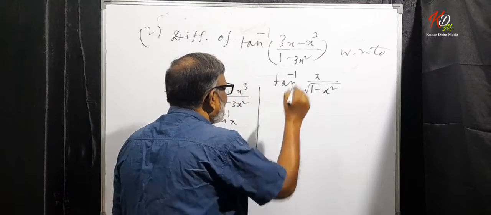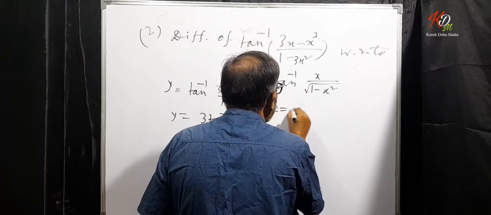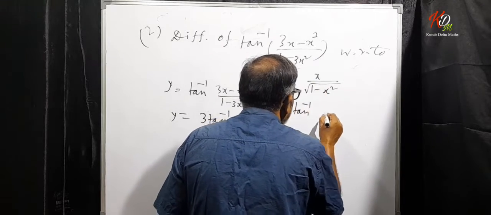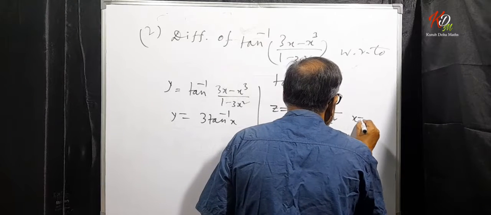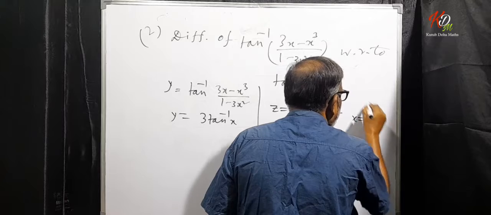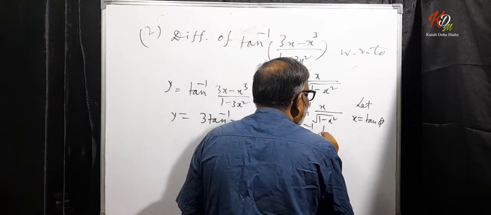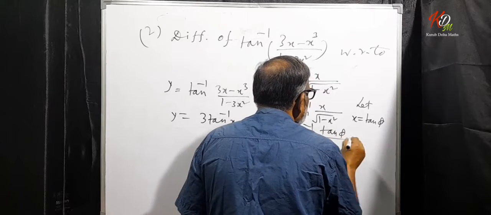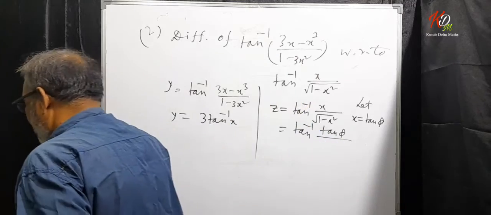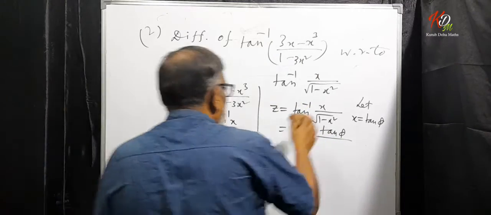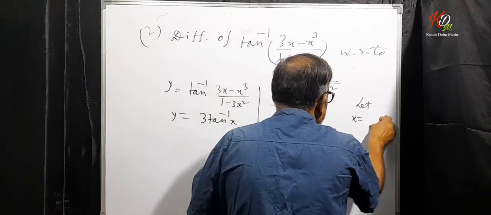Second, let z equal to tan inverse of x by root under 1 minus x square. Put x equal to sin phi.